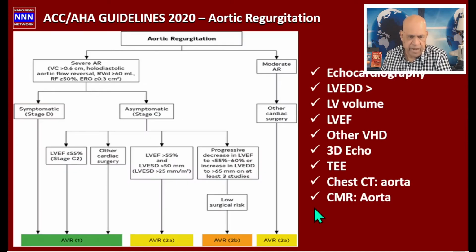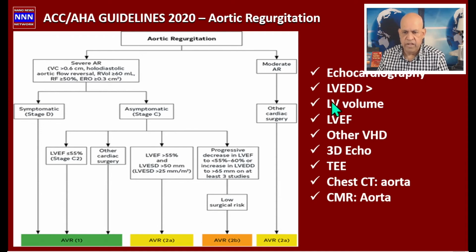Okay, taking all this basic information, we put the whole thing together. It's like a cliff notes here. With the echocardiography, we need to know what is the left ventricular end diastolic diameter. That's a very significant index of whether the patient is decompensating and going to a point of no return.